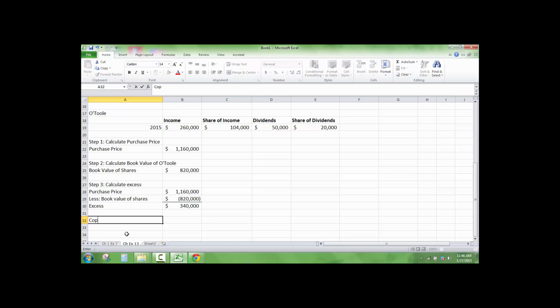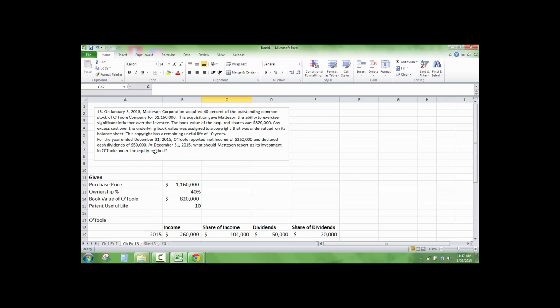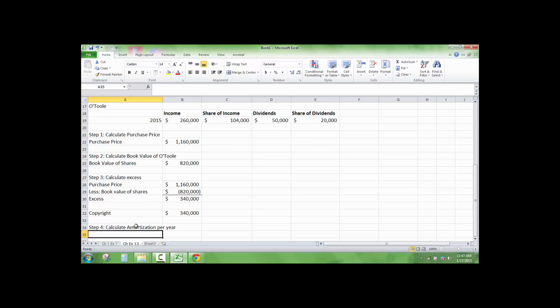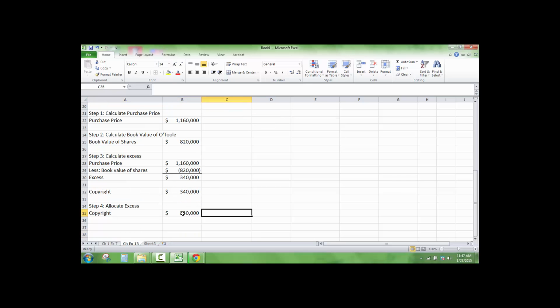It's all contributed to a copyright. This wasn't a patent, this was copyright. Step 4 was to allocate excess to the copyright. There could be more items that we're allocating this to.